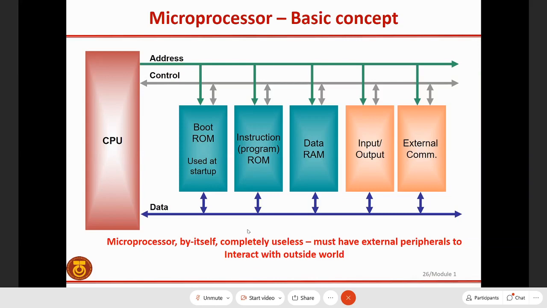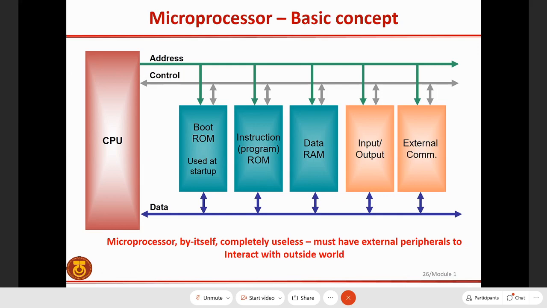Now, just now we saw the question about ROM and RAM, I mean code storage and data storage. Here you can see the instruction program is stored in ROM. This is where you write your program.